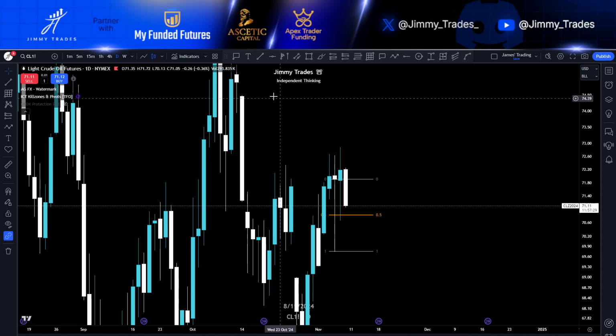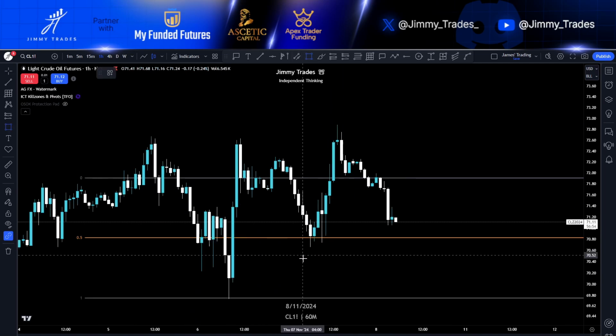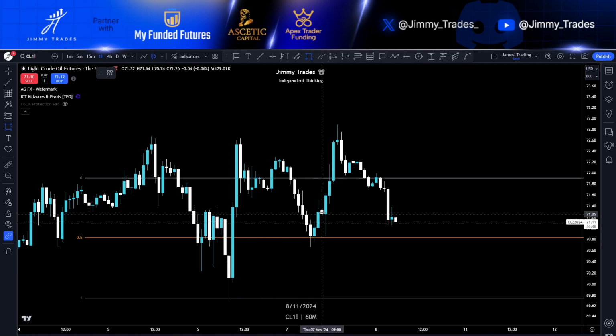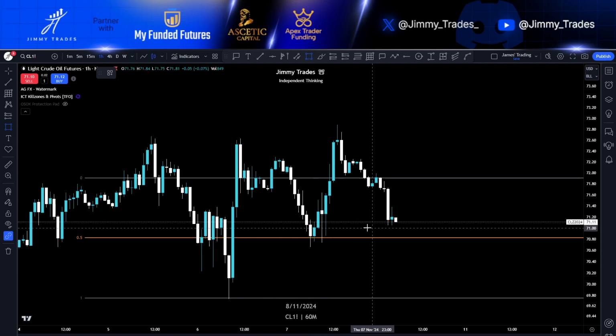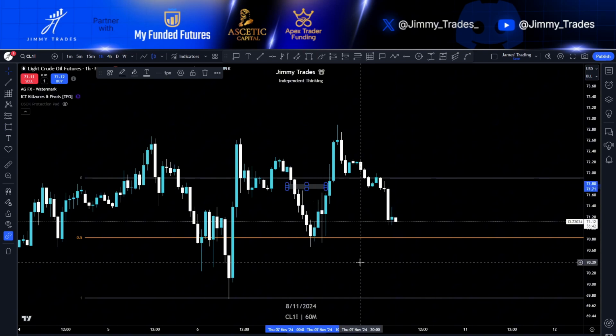Now, let's move down the time frames. The next thing to note was as we came into New York Open, which is this candle here, price actually didn't sweep a point of interest.